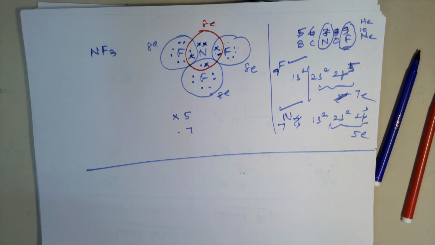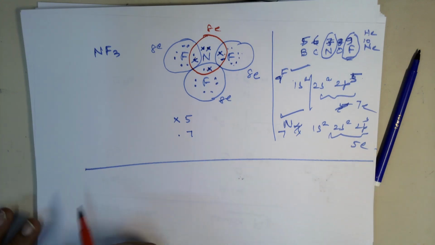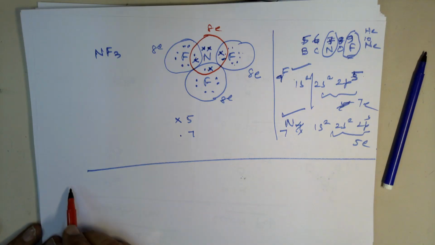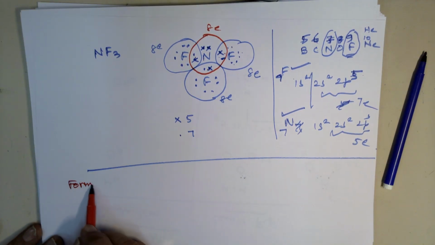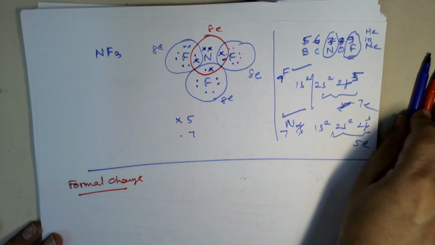Take down. Based on writing all these Lewis dot structures, we can explain the formal charge. We can calculate the formal charge. And what is formal charge?